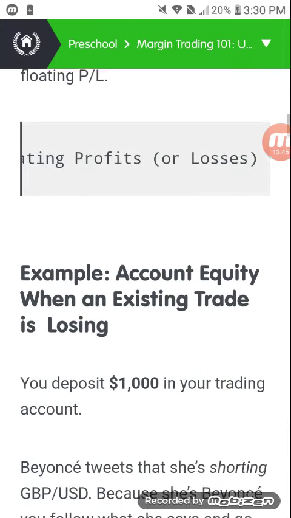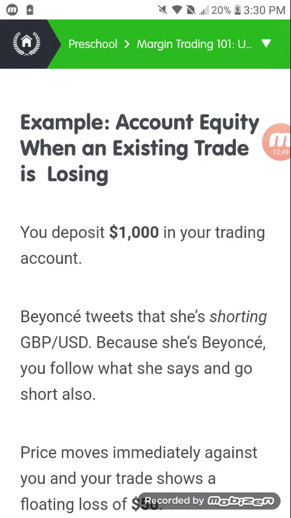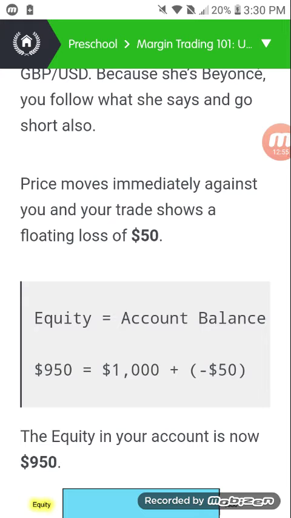So what happens to account equity when an existing trade is losing? This is an example of account equity when you're losing a trade. You deposit $1,000 into your trading account. Let's say you decide to go short, which means sell, and price moves against you, and the trade shows a floating loss of 50.